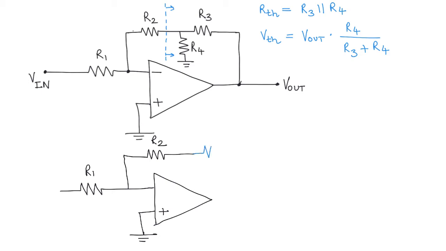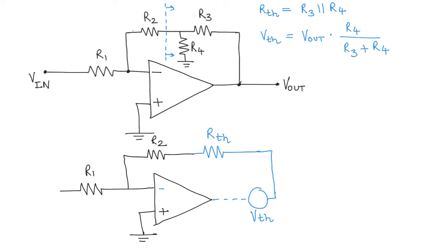And instead of the combination of R3 and R4, we'll have RTH, right? And the op amp outputs, let's say, a voltage of VTH instead of the output. So instead of V out, we now get a voltage VTH at the output of the op amp.